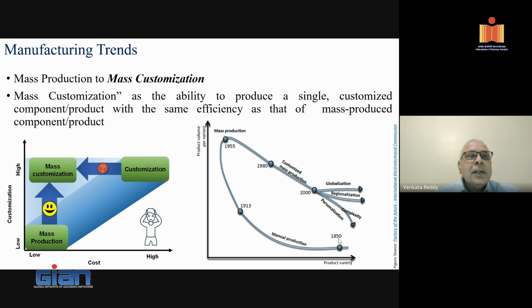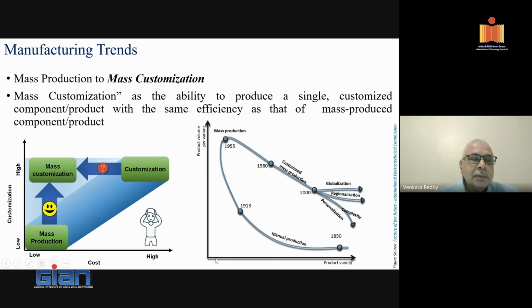Now everyone wants variety and customization, and people prefer that. Now you can clearly see the definition: ability to produce a singular customized component or product with the same efficiency as that of a mass produced component, without much additional cost, maintaining the same quality.